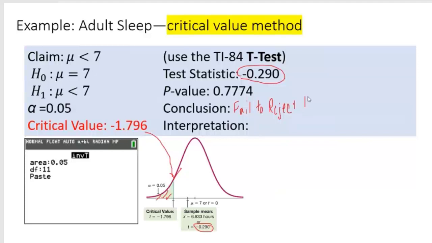So I'm going to fail to reject H sub O. Now, what does that mean as far as the interpretation? The interpretation has to be about the claim. So if I am not rejecting the idea that the mean, mu, is actually 7, then there is not sufficient evidence to support the claim.